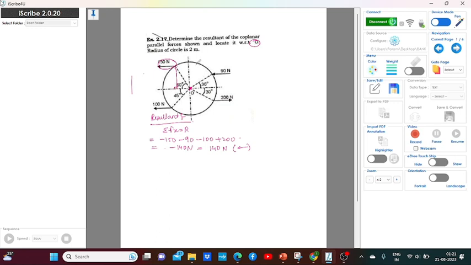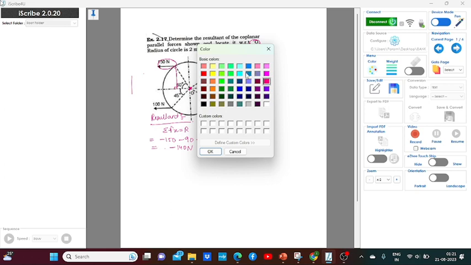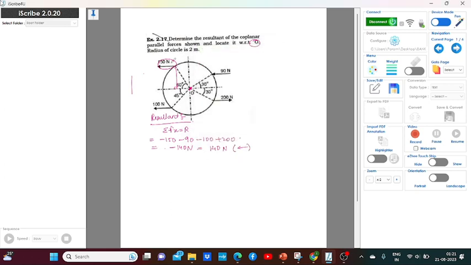See, around point O, according to the principle of transmissibility of force that we studied earlier, this particular force can be shown like this as well. So now it is easy to say that the perpendicular distance is this much part.